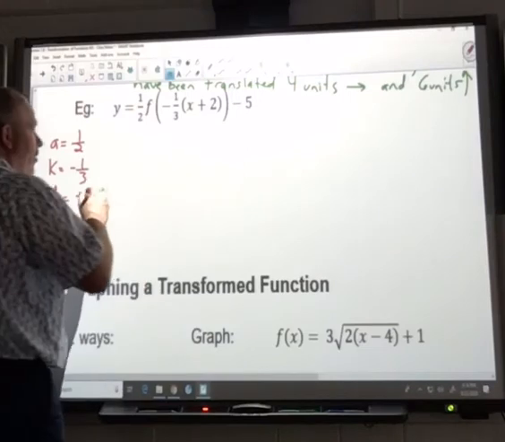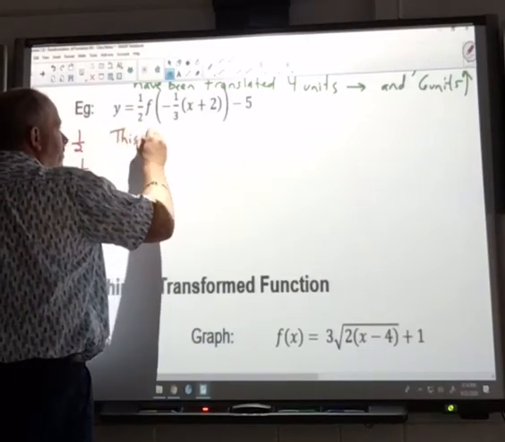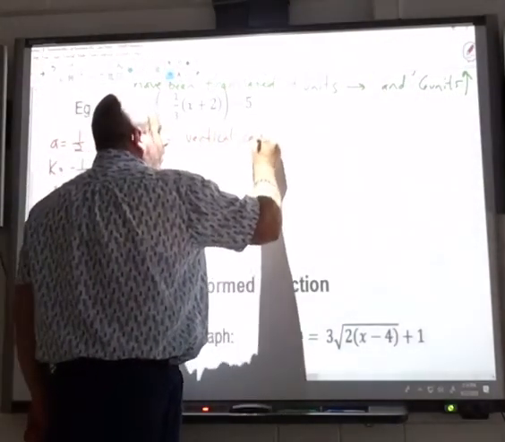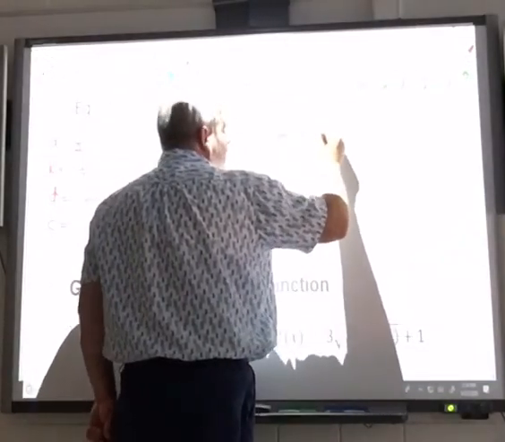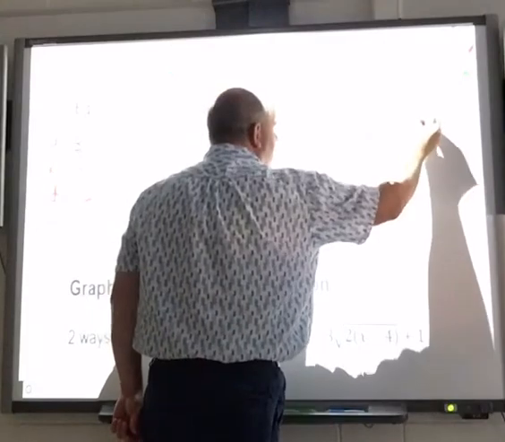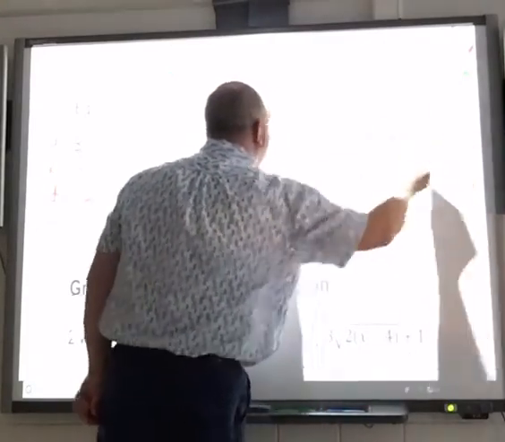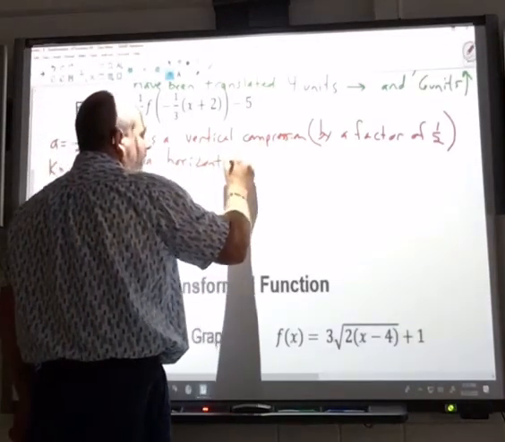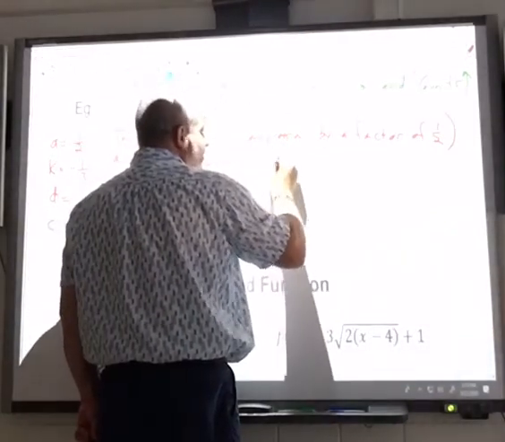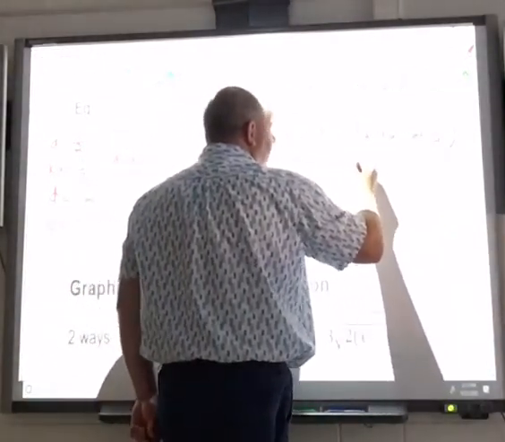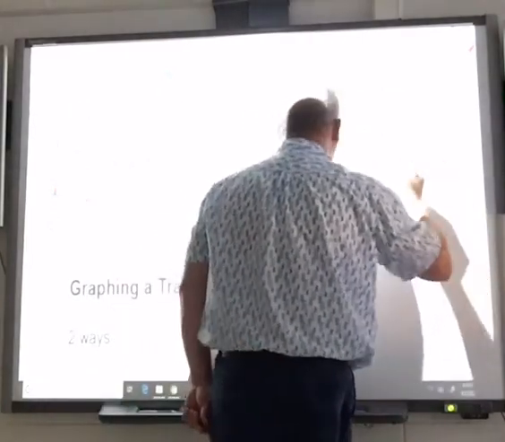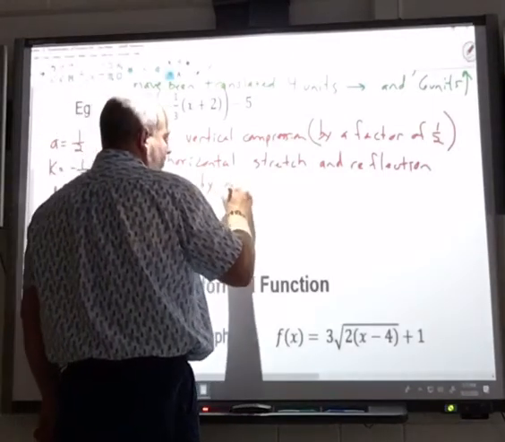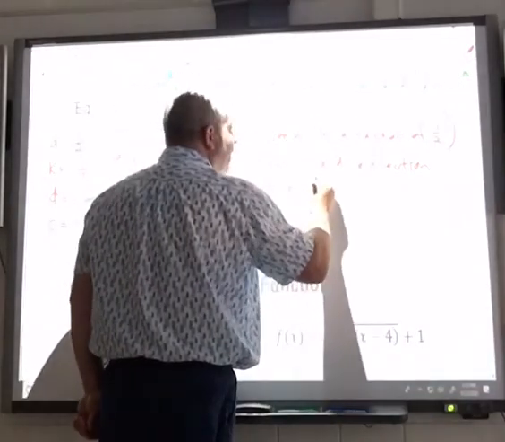Or really, really fat, depending on your perspective. So what we're doing, this is a vertical compression by a factor of 1/2, and a horizontal stretch and reflection, and the stretch is by a factor of 3.